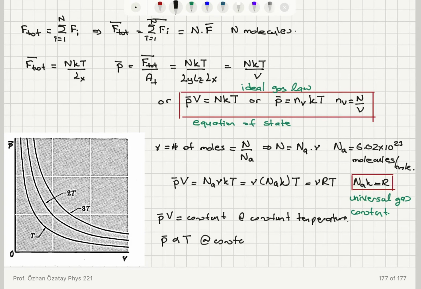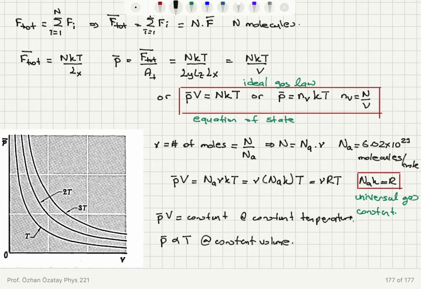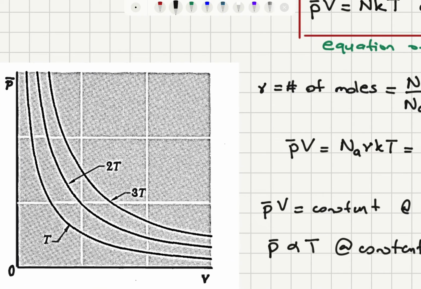And remember, this is the constant volume gas thermometer. And you can see here the PV curve. For a constant temperature, P is proportional to 1 over V, so it's the hyperbolic curve.